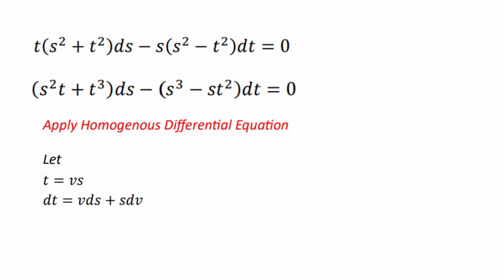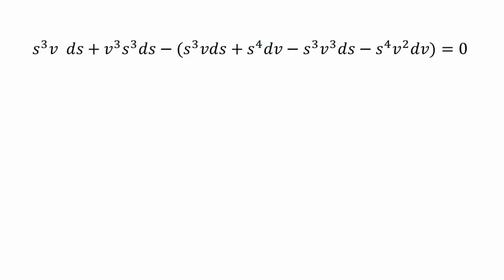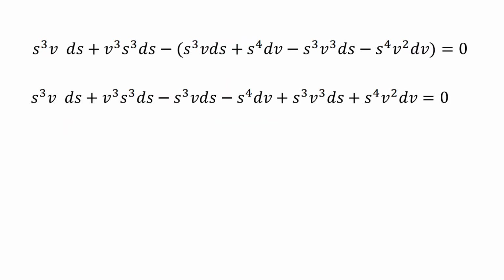We let t be equal to vs, and dt, or the derivative of t, is equal to v ds plus s dv. Here we are going to substitute t and dt into our given problem, expand, and at the same time simplify.